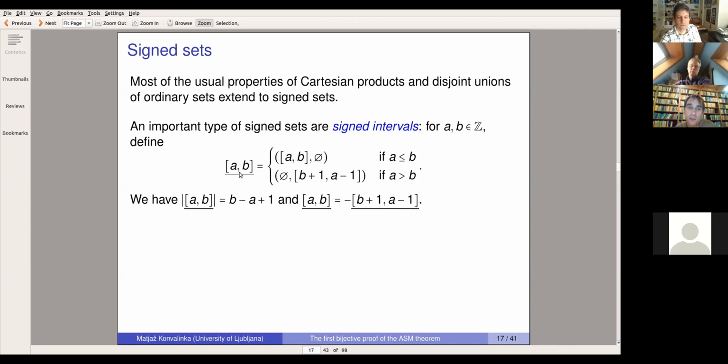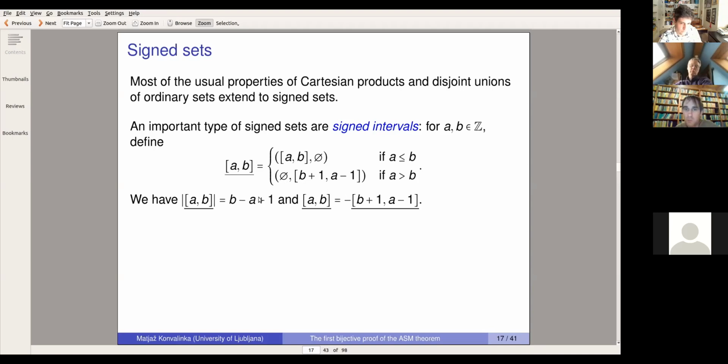How is it defined? Well, if a is less than or equal to b, then you just take the usual interval and all the elements are positive. And if a is bigger than b, then you take the interval from b plus 1 to a minus 1, and all the elements are negative.